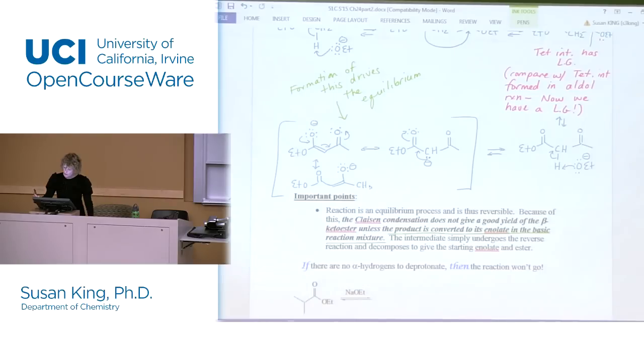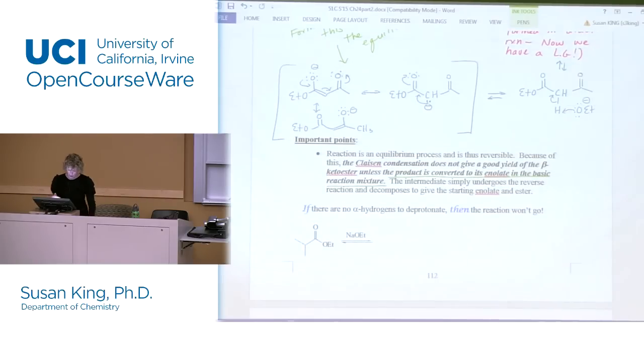So let's say we try to do a Claisen with this compound here. This one only has one alpha hydrogen. You will form this, but I'm putting it in brackets because it's not stable.